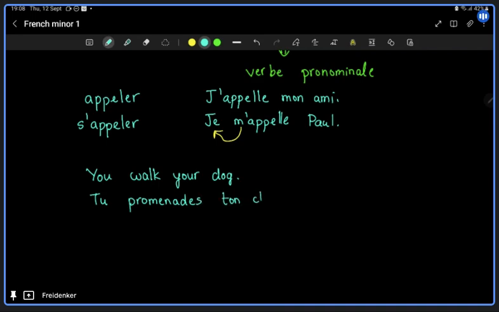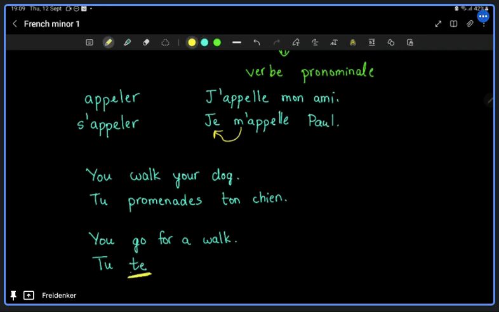Ton chien. But if you're saying you go for a walk, or you walk by yourself, then you're supposed to use se. I'll tell you how these things are coming.